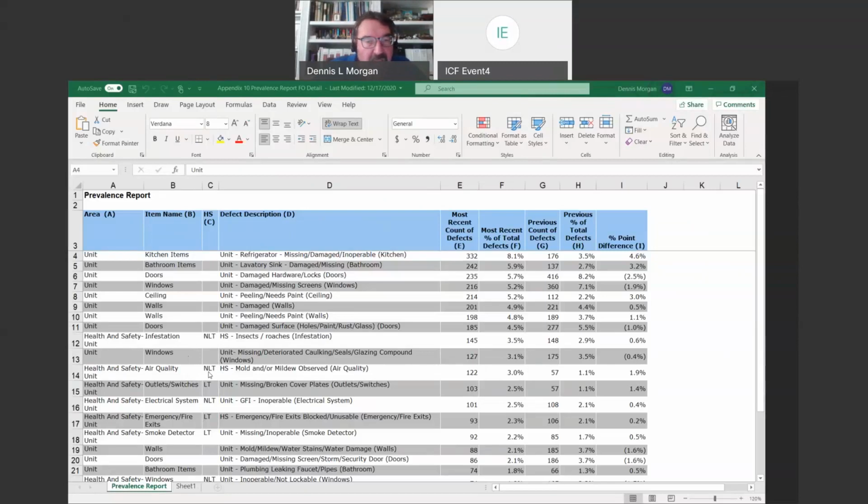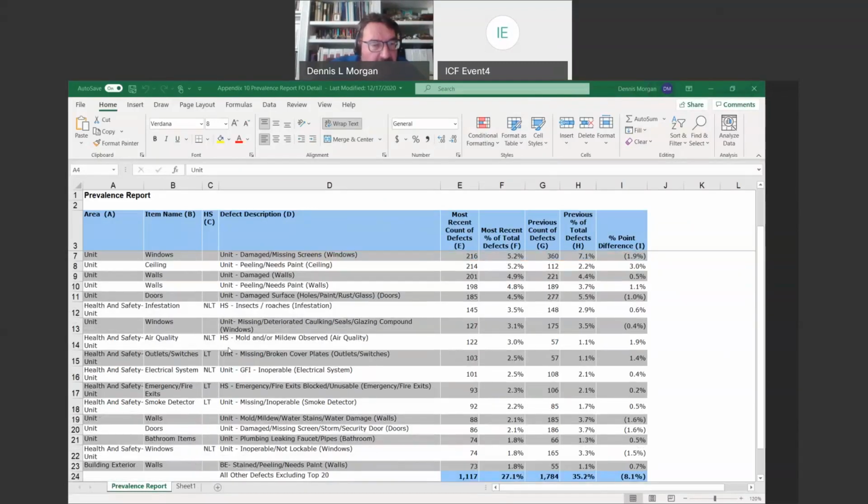Or maybe I'm just in a moldy area, because I went from 57 to 122. I'm trending the wrong way. These health and safeties are a big ticket item, as you see with outlets. Outlets is an LT, which means it's a life-threatening scenario, and I went from 57 to 103. What does that probably mean? Well, my overall REAC scores are probably going the wrong way.